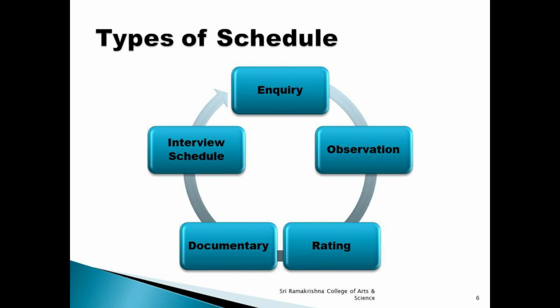Observation schedule is used in direct observation or direct interview, filled in by the researcher himself. So in observation, the questions, everything, is filled in by the researcher himself. Rating: here we are using ranking or scaling techniques to collect information from the respondent. Documentary: written documents like case history, diary, official record or autobiography are used here.